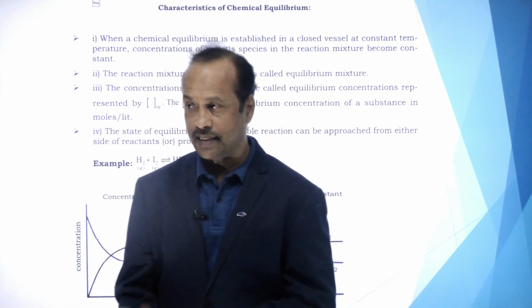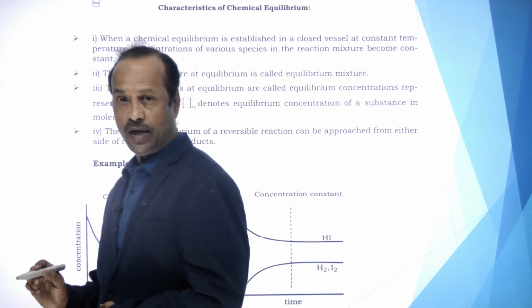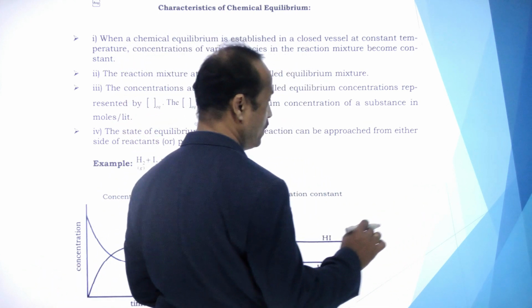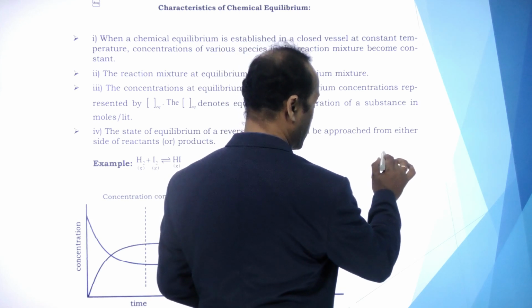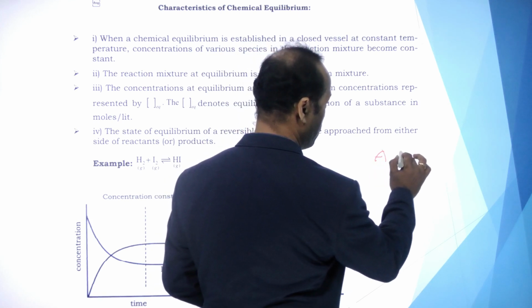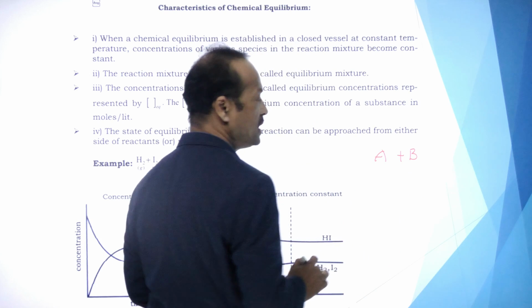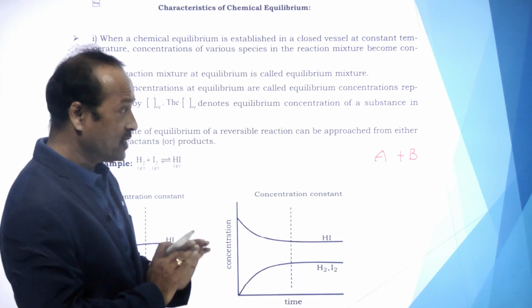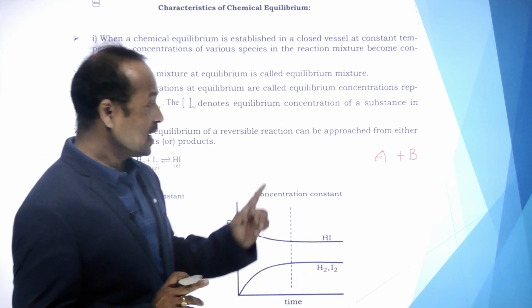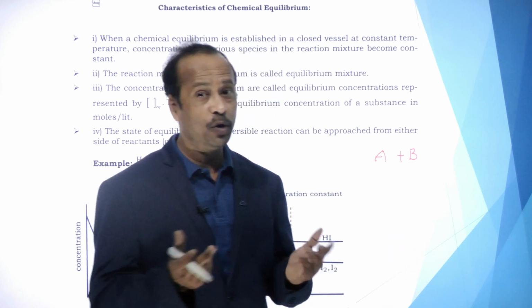Okay, so once again see here. For example, let's say we are taking reactants A and B. These are the reactants and the reaction has not yet started. When the reaction has not yet started, there will be no products.